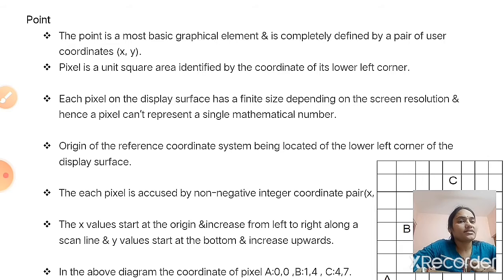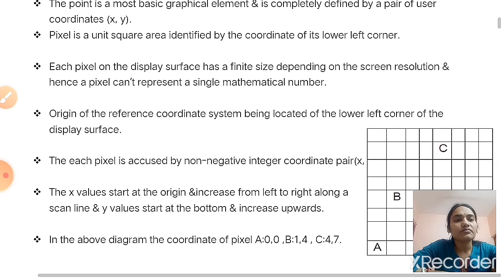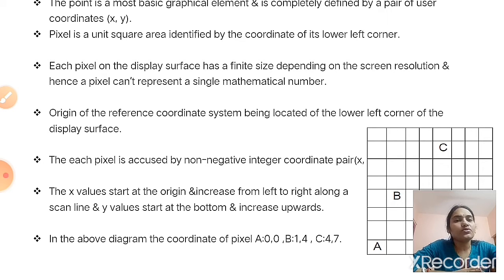The origin of the reference coordinate system is located at the lower left corner of the display surface. Each pixel is accessed by a non-negative integer coordinate pair x, y. The x values start at the origin and increase from left to right along a scan line, and y values start at the bottom and increase upwards.